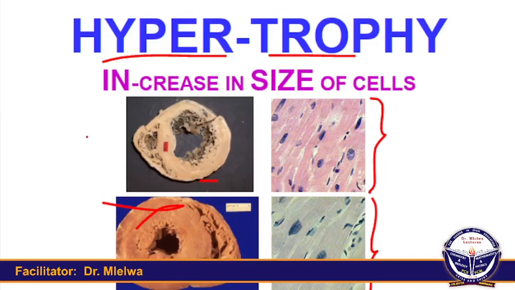Kwa kadri unavyotumia nguvu kubwa ndivyo ambavyo kuna increase the workload kwenye heart, na ile increase the workload ya kwenye heart ndio inayopelekea finally sasa tunakuja kuona kwamba moyo unatanuka. Hata kama tumesema cell adaptation they are reversible, lakini moyo ukitanuka kurudi tena kwenye hali ya kawaida, it's very difficult.